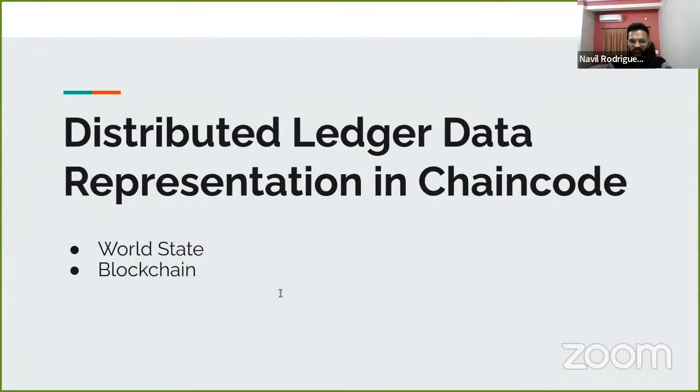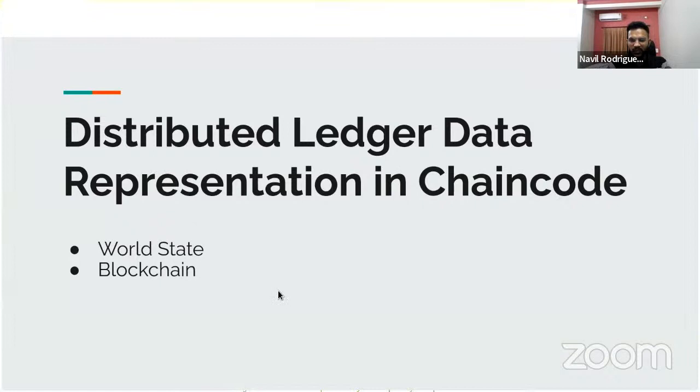Any modifications that are made to the world state are stored as a transaction log, as a blockchain. The transactions formed are collected inside a block and appended to the blockchain. The blockchain data structure is immutable and once written can never be modified.